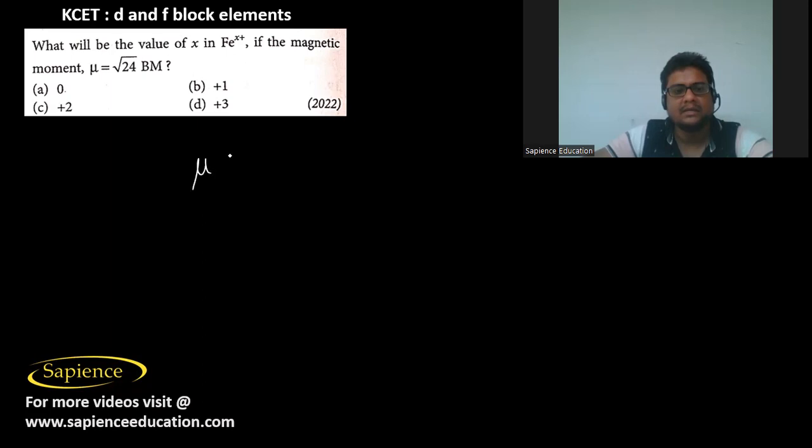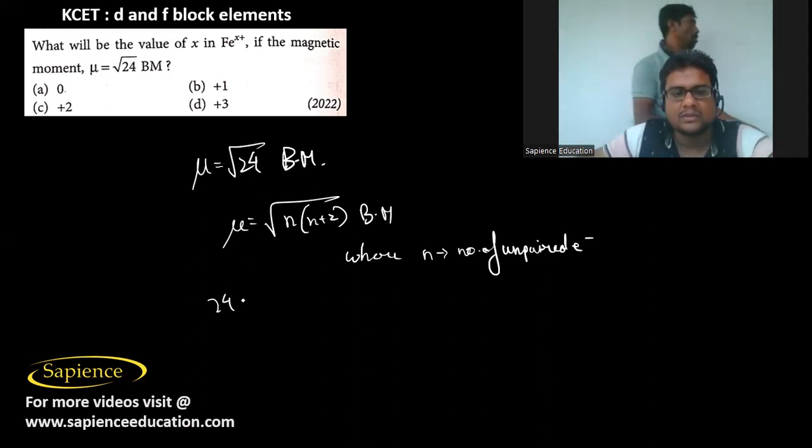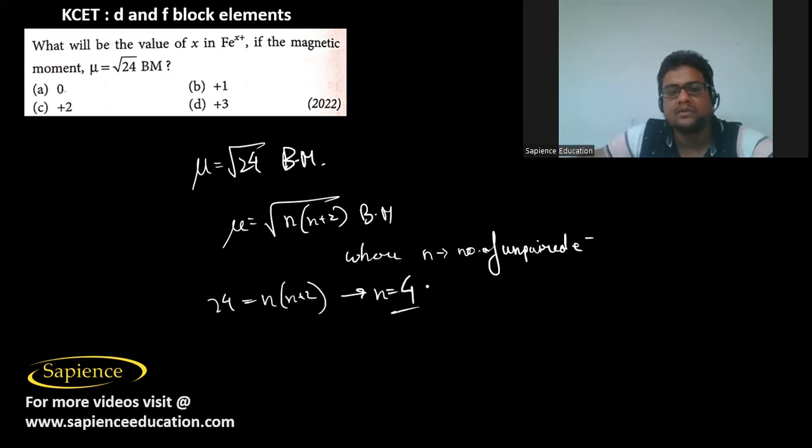As you know, mu equals root over n(n+2) Bohr magneton, where n is the number of unpaired electrons. So here it means that 24 equals n into n plus 2. From here we can see that n should be equal to 4. So it should have 4 unpaired electrons.